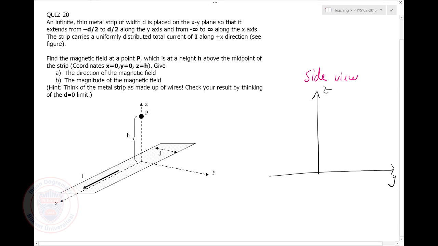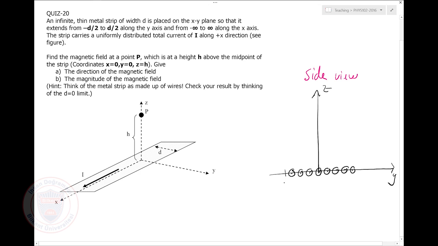What would I see? The current is coming to me from minus d over 2 to d over 2. Now, if I take a small section here, I have a current here at a height z.